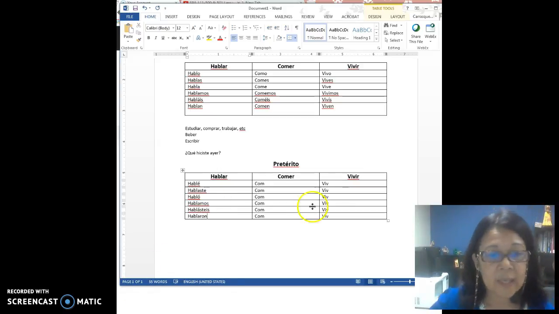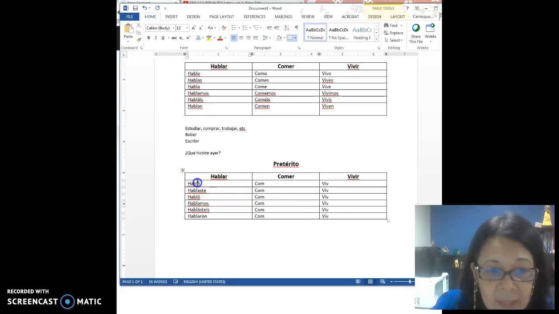Okay, so take a look at the endings, and they are going to be exactly the same as the ones that you saw up there for, let's say, that we want to do estudiar, trabajar, comprar, and so on and so forth.